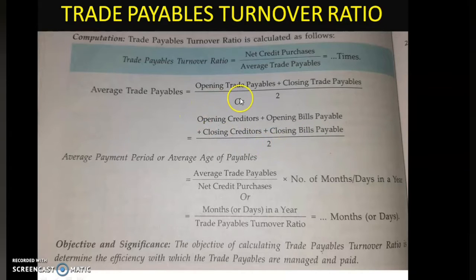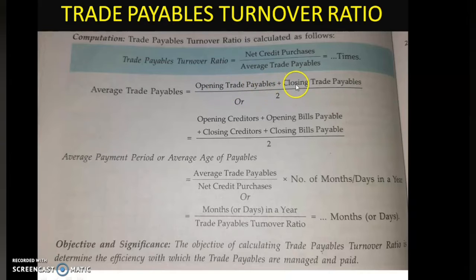Children, if you are given in the question only the opening trade payables and they have not given you closing trade payables, don't calculate the average of that. Don't divide it by 2. Write the amount of opening trade payables as it is.